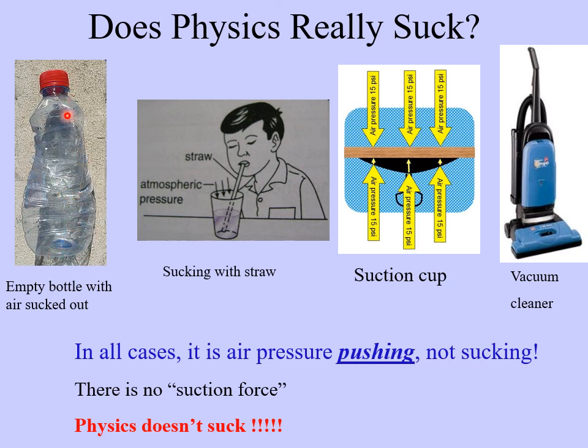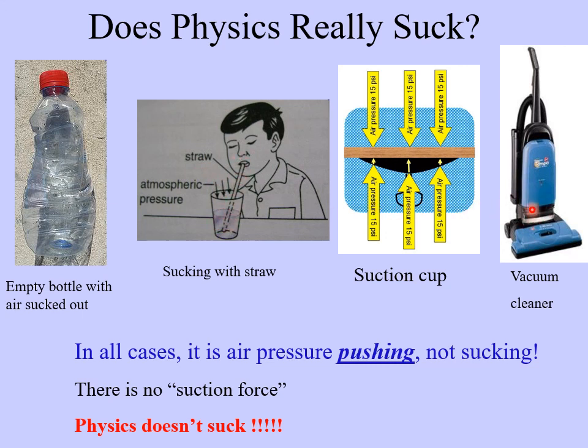So by removing all the air from this bottle, we are actually producing probably hundreds of pounds of force on this bottle, and it just crushes flat. The same thing when you drink from a straw. You're reducing the pressure inside of the straw, so the atmospheric pressure out here is pushing the liquid down and up through the straw.